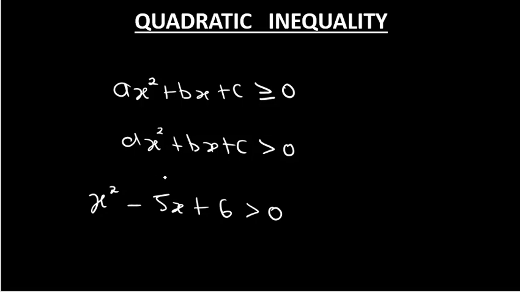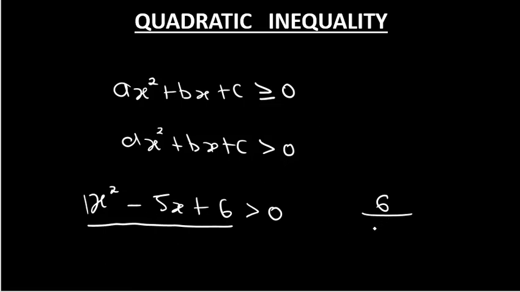Now, how can we factorize this particular quadratic expression? Yes, we go through the normal process. We take the constant, that is positive 6, and multiply it by the coefficient of x squared, which is positive 1. So 1 times 6 gives us 6. You find two numbers which are factors of 6, which when you multiply give 6, but when you add give negative 5.